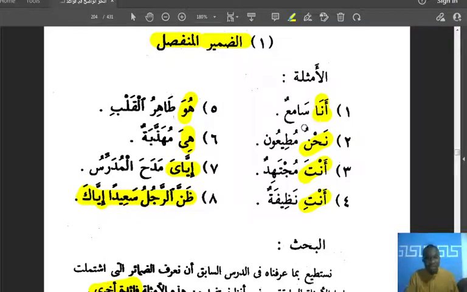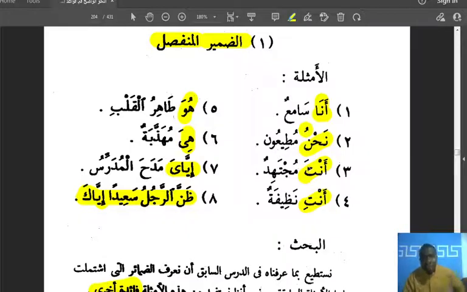The dhamma here is not the dhamma of raf', it is mabni, because nahnu always comes with dhamma. You say nahnu ضمير منفصل مبني على الضم في محل رفع مبتدأ. Then مطيعون is خبر مرفوع وعلامة رفعه الواو لأنه جمع مذكر سالم.